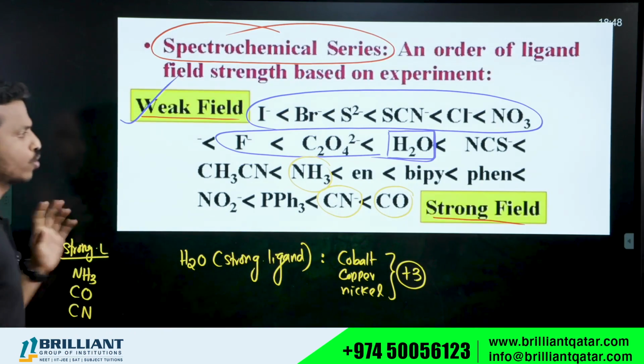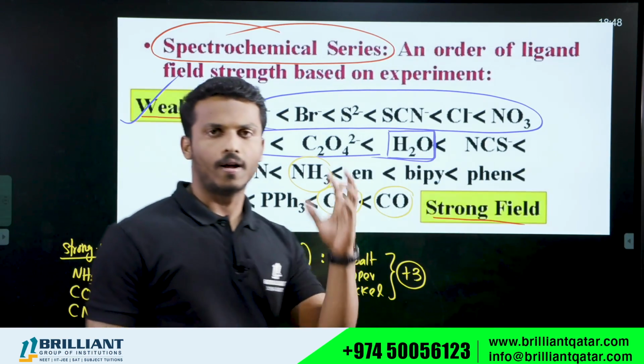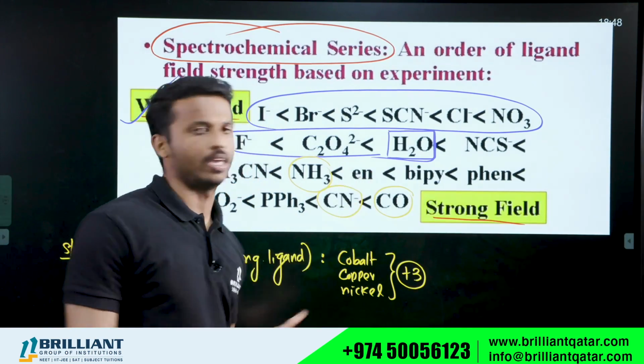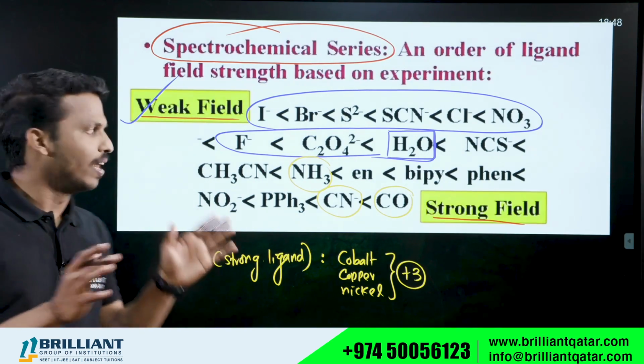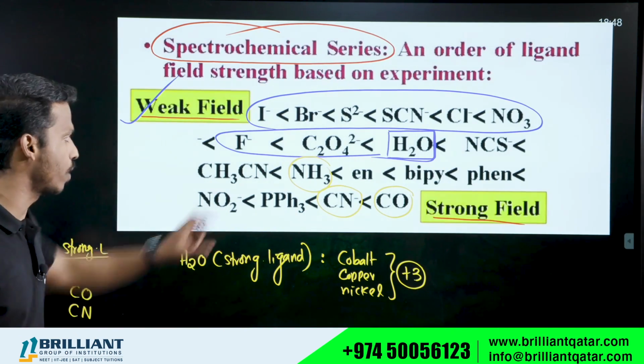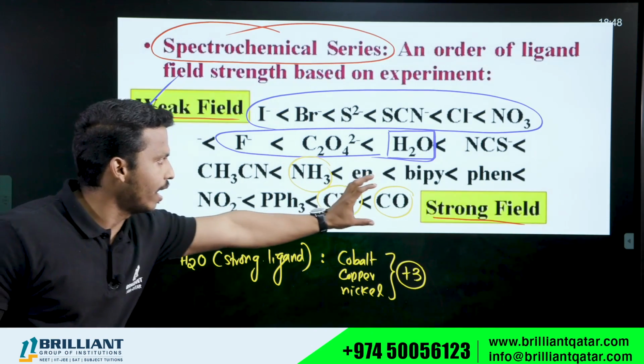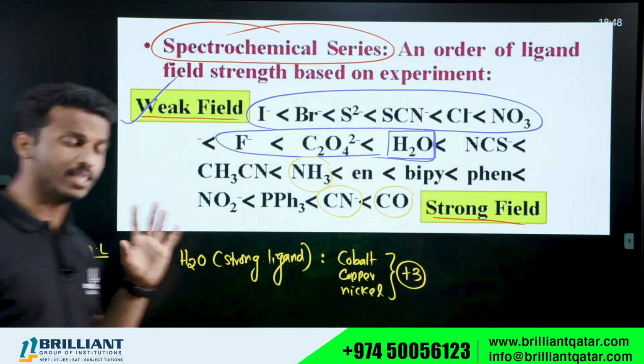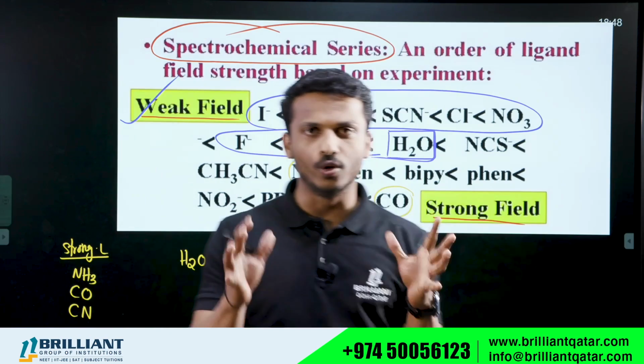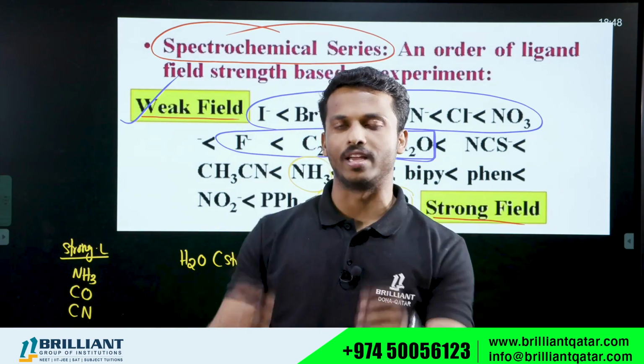This is the most common. Sometimes en also they will ask. These are the common ligands used in complexes: amine, cyanide and carbonyl. If these three come, treat them as strong ligands.